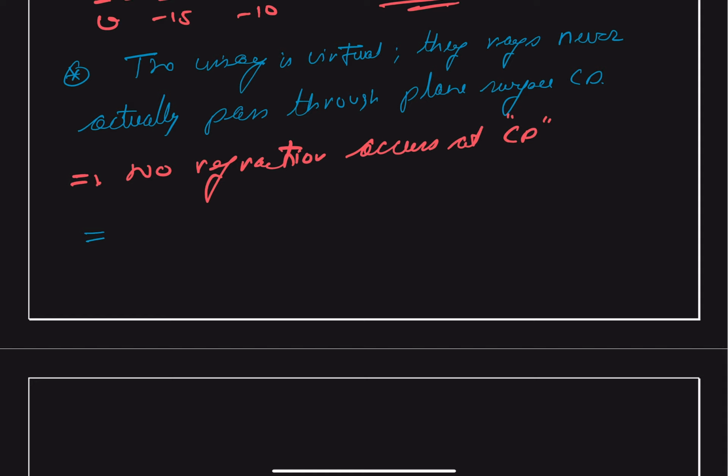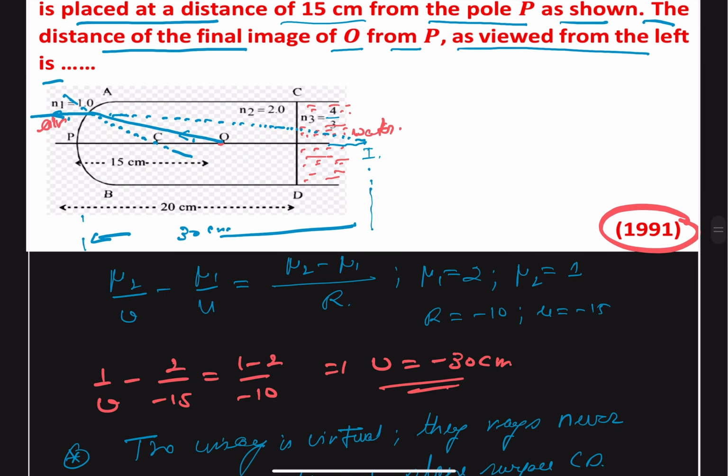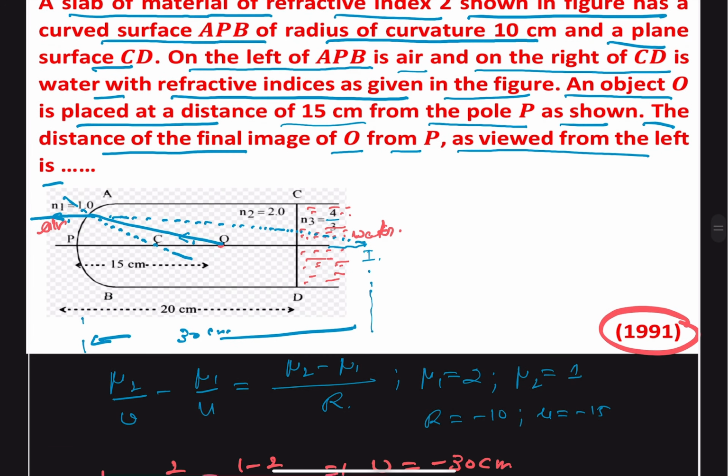Therefore, the final image remains at 30 centimeter from P. So it means this CD has no effect on this. So the distance of the final image from the point P is equal to 30 centimeters.